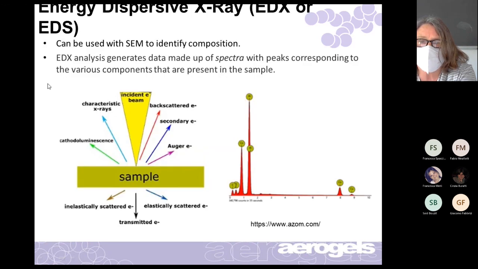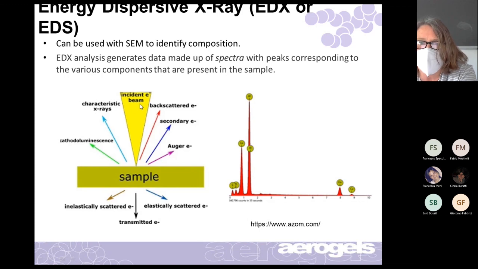So you can use energy dispersive X-rays, EDX, or energy dispersive spectroscopy, EDS. It can be used with SEM to identify composition. When you use a scanning electron microscope, you have an incident beam of electrons on your sample, and they scatter off.